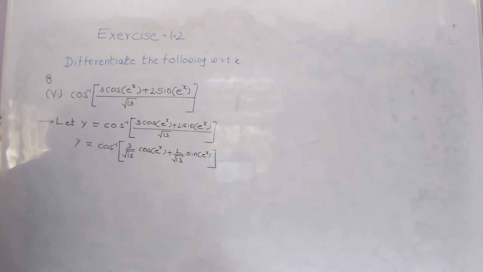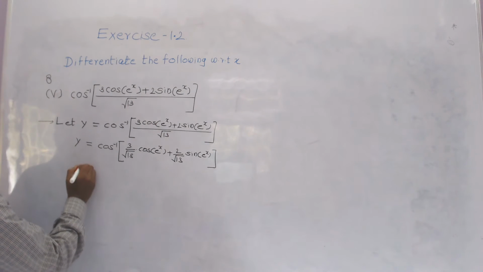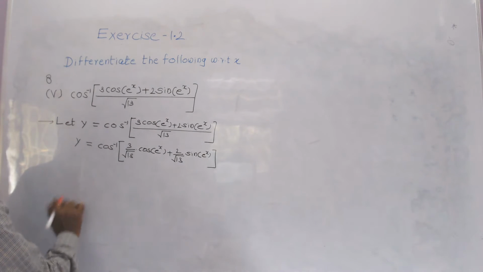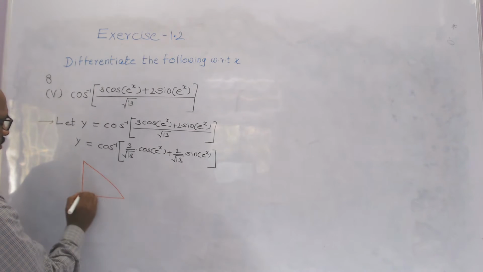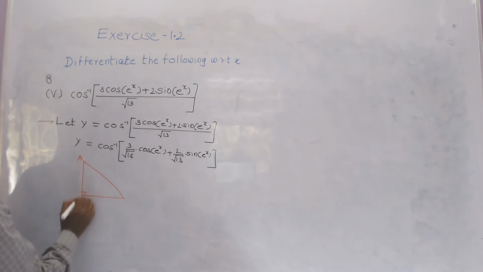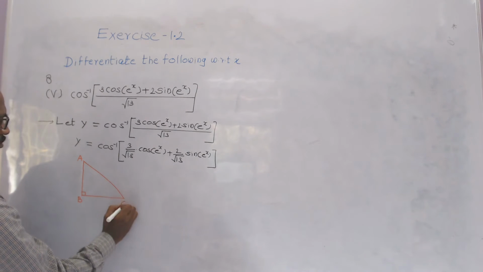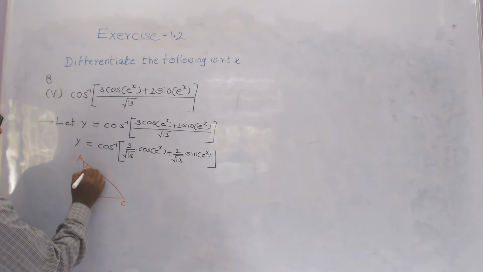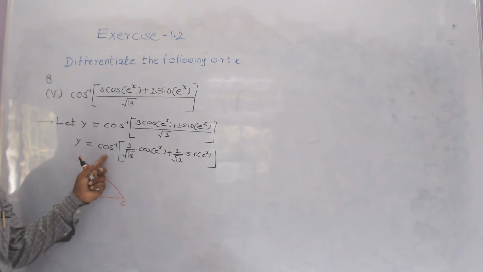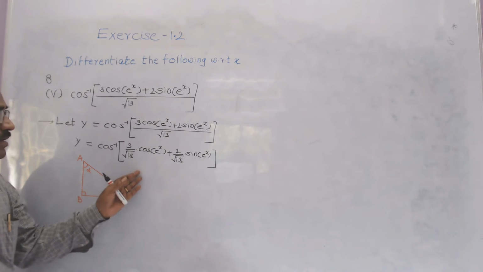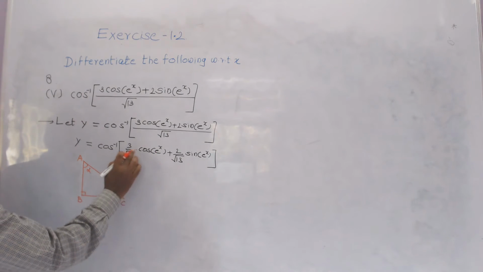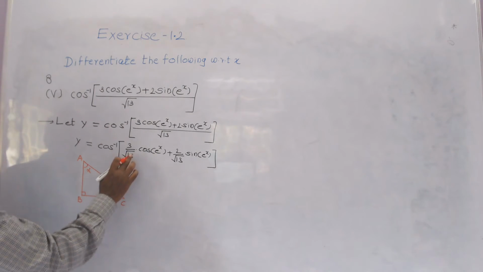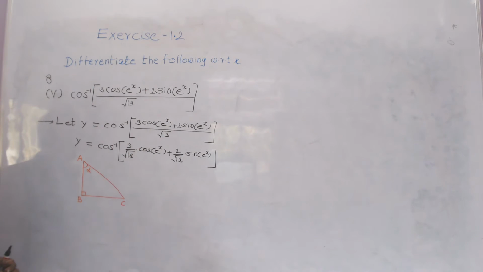Again here we will consider the right angle triangle. Now see this here. Okay, this is triangle ABC. Measure of this angle is alpha. As here is a cos inverse, therefore in bracket it must be the expansion of the cos of a plus b or a minus b, whatever that. Now see this here, cos alpha, that is here 3 upon root of 13. We require here cos. Then what is the cos alpha?